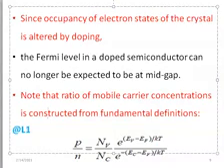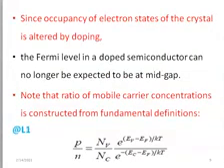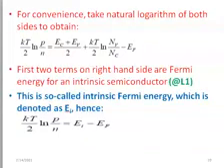Now with this, for convenience, if you take the natural log of both sides from this expression, you find that you have kT over 2 ln of P over N equal to EC plus EV all over 2 plus kT over 2 ln NV over NC minus EF.